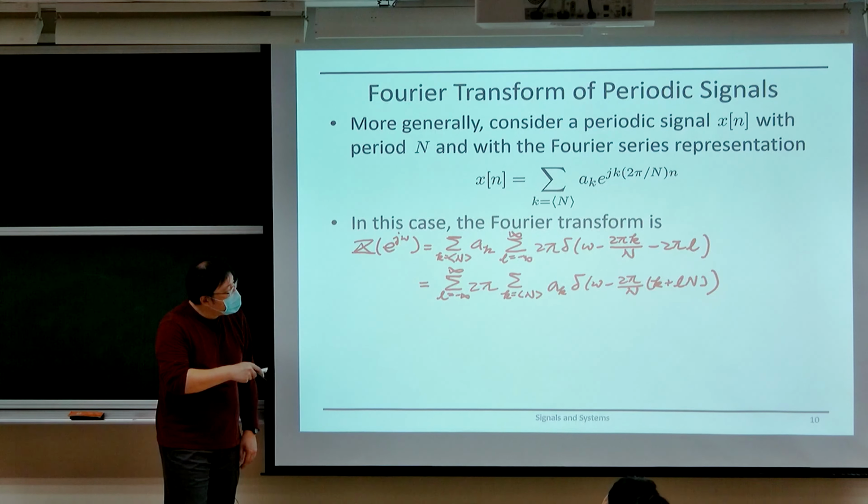So instead of k from 1 to capital N, I now have k prime from 1 plus L capital N up to capital N plus L times capital N. And k becomes k prime minus LN, and k plus LN now is k prime.